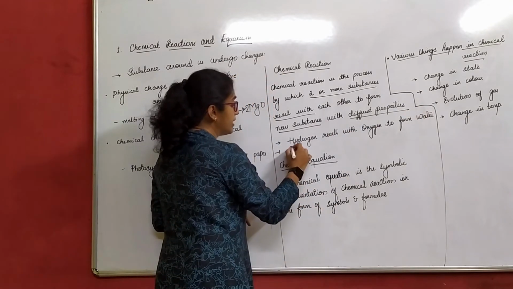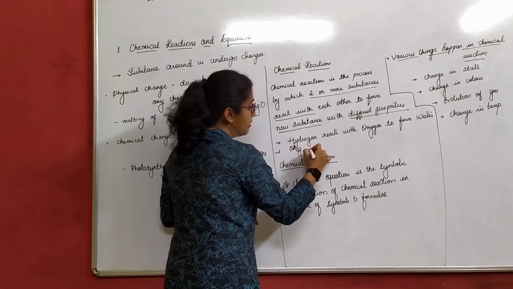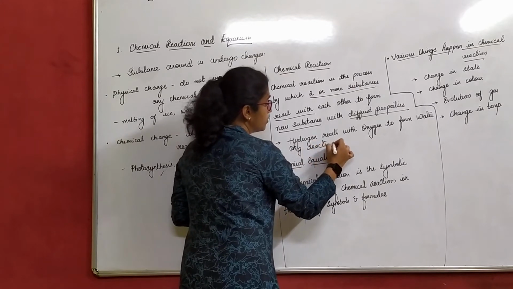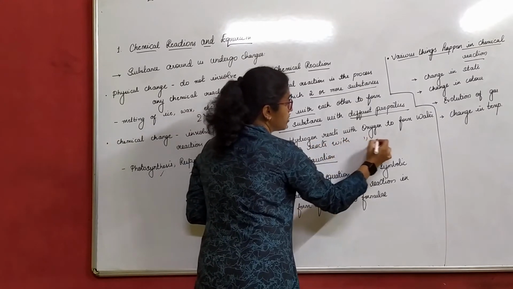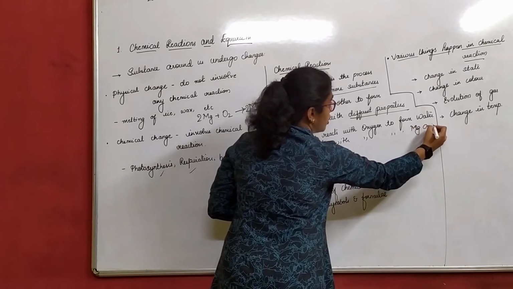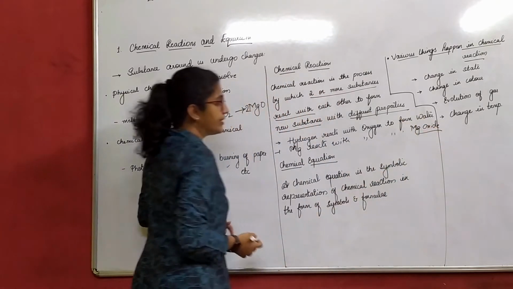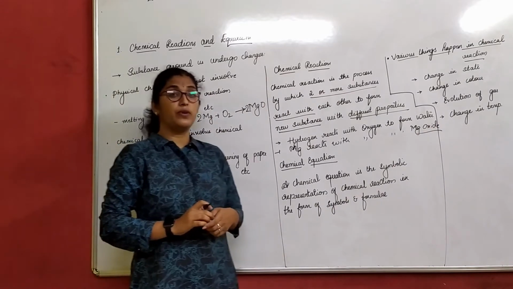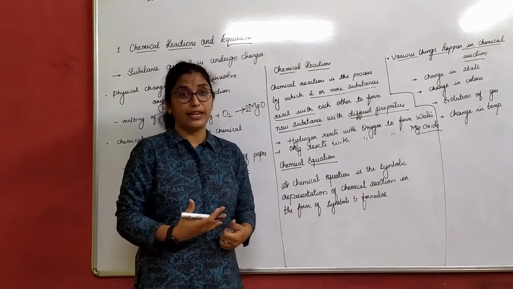I can also say here, now, magnesium reacts with oxygen to form magnesium oxide. I have just used a shortcut in writing. That means the chemical equation I have to elaborate and write. Correct?